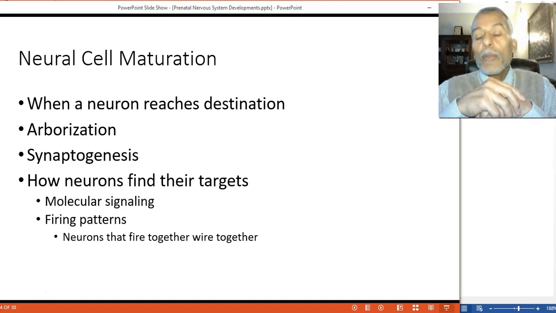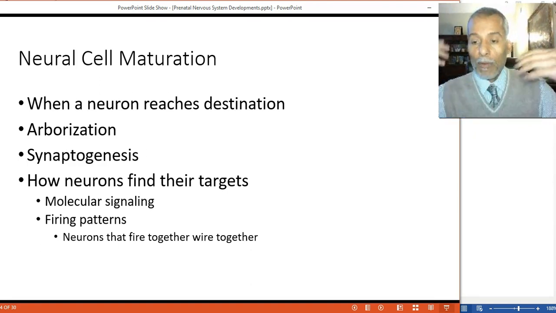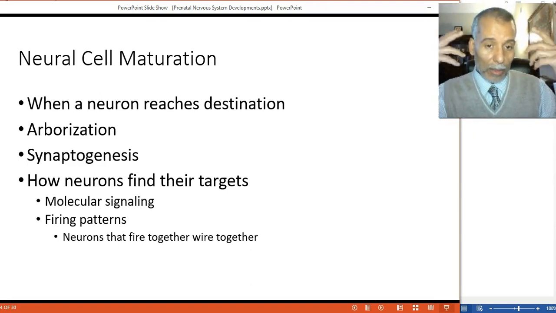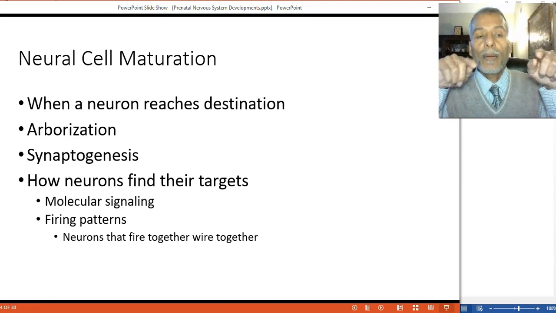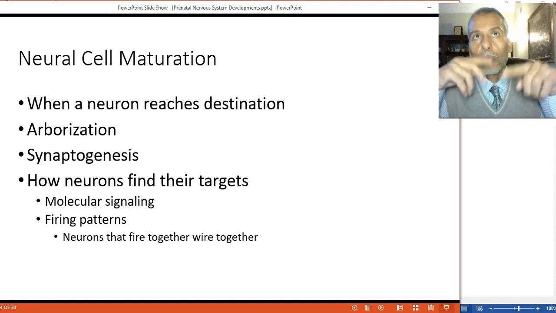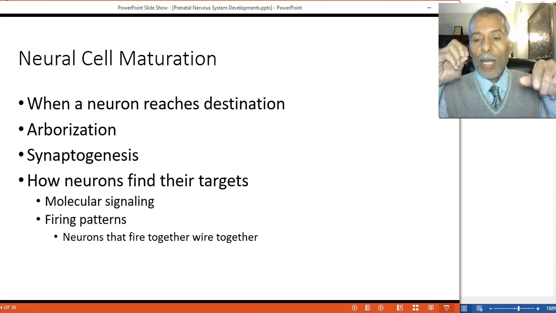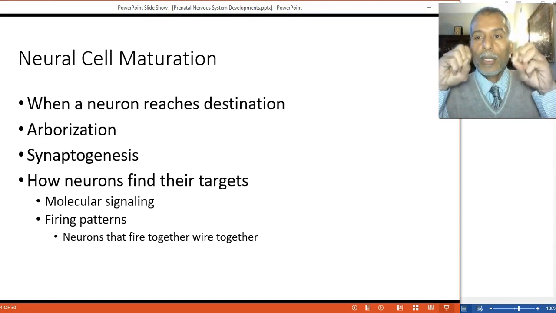So even before the environment gives sensory stimulation, these neurons want to identify other neurons and to grow, and they fire.